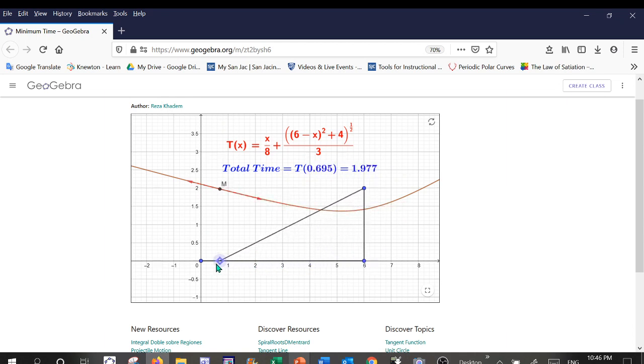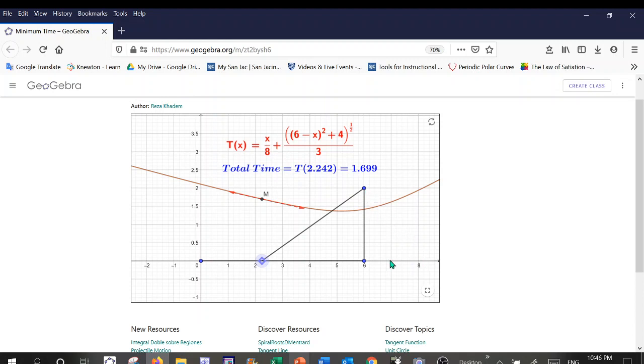So basically you want to know how much you have to run and how much you have to swim, right, from here to here. That's the shortest distance of swimming, right? And of course, if you pass this right here, obviously you're going to run a whole lot more, and also you have to swim a whole lot more.